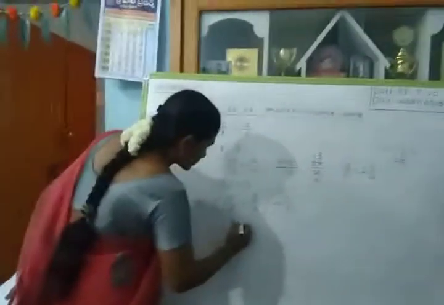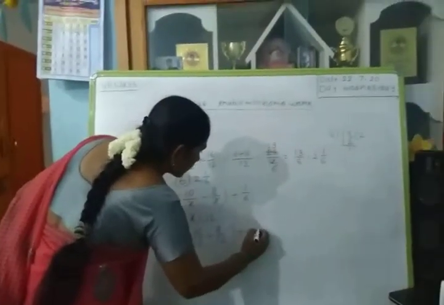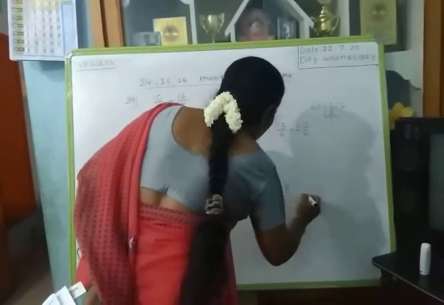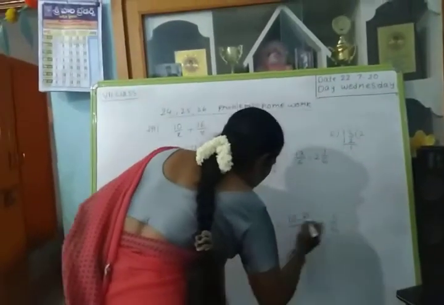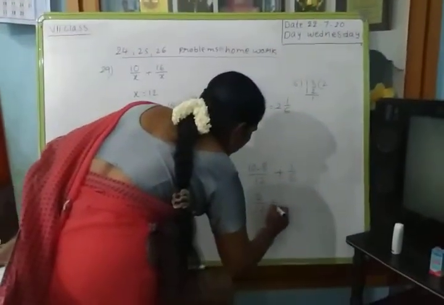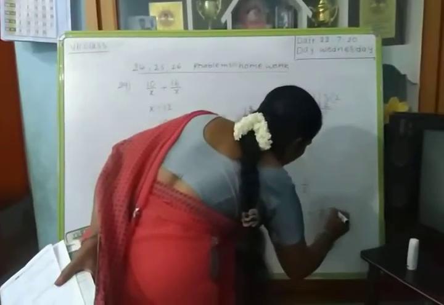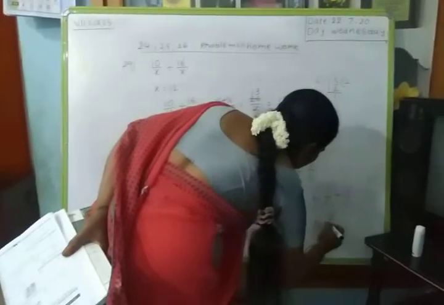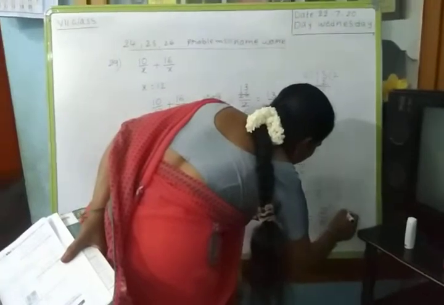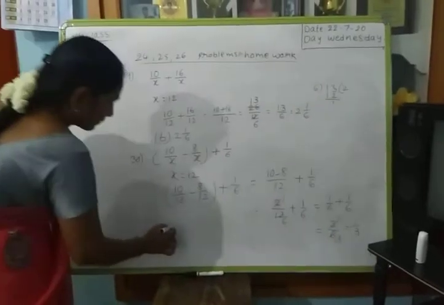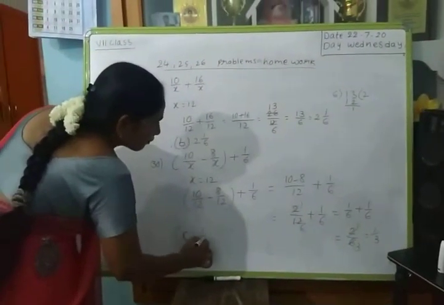Same x value, substitute 12: 10 by 12 minus 8 by 12 plus 1 by 6. 10 minus 8 by 12 plus 1 by 6. 10 minus 8 is 2. 2 by 12 plus 1 by 6. 2 by 12 simplifies to 1 by 6. 1 by 6 plus 1 by 6 is 2 by 6. 2 1s are 2, 2 3s are 6, so 1 by 3 is the answer. Which option is correct? Option C, 1 by 3.